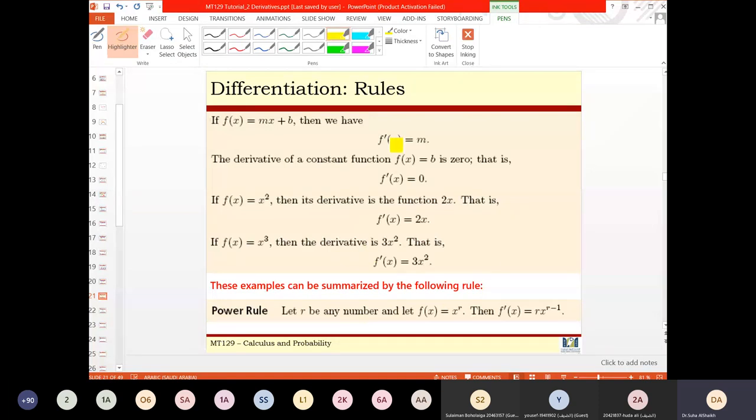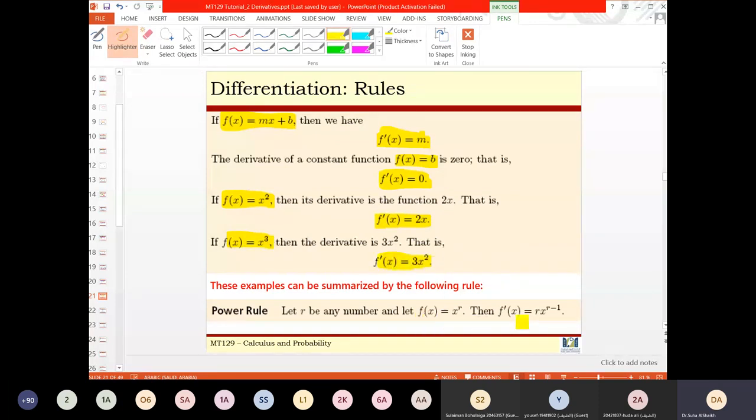The first rule is that the derivative of mx plus b is equal to m. The second rule is the derivative of a constant, يعني if I have f of x equal to constant p ثابت ما فيها x, the derivative is 0. The derivative of x squared is 2x. The derivative of x^3 is 3x squared.